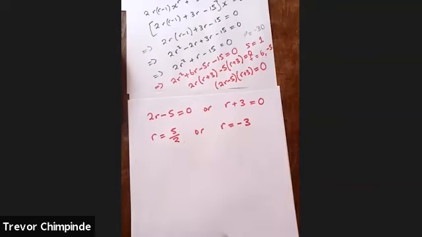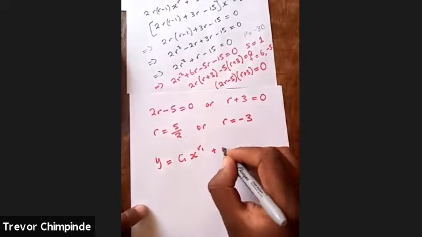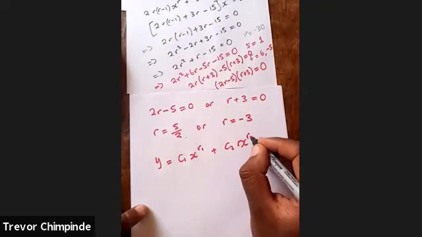So we found our two solutions of the quadratic equation. What does it mean? Remember, we said our solution in this case will be of the form y is equal to c1 x to the r1 plus c2 x to the r2.